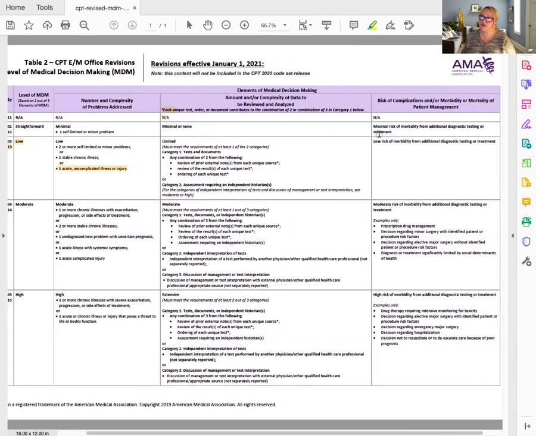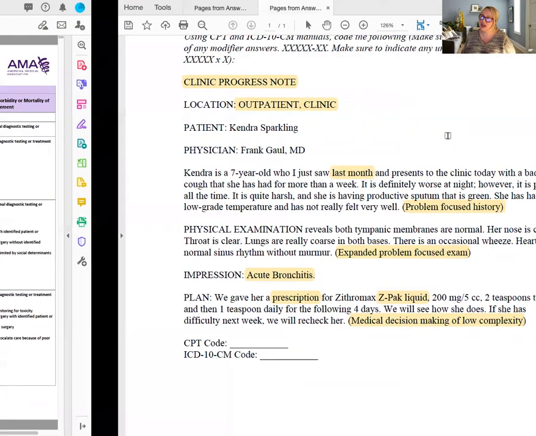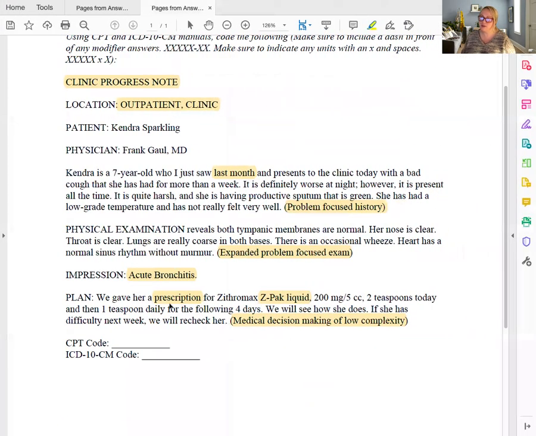My last one is levels of risk and complications. And you'll notice because the provider gave a prescription, it doesn't matter what the prescription is for. In this case, the Z-Pak is a prescription you would not be able to get over the counter, but sometimes you'll even see kids getting prescriptions for medications that are available over the counter, primarily because different doses are available from the pharmacy that would not be available directly.